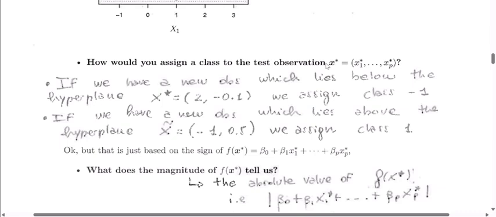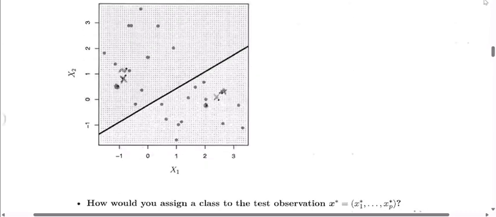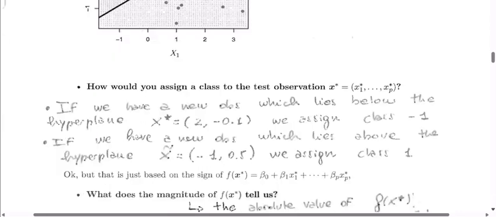If we have a new observation which lies below the hyperplane, which means first we need to identify the hyperplane that marginally separates the two classes based on the training data. We're just going to be looking at the position of the new observation.